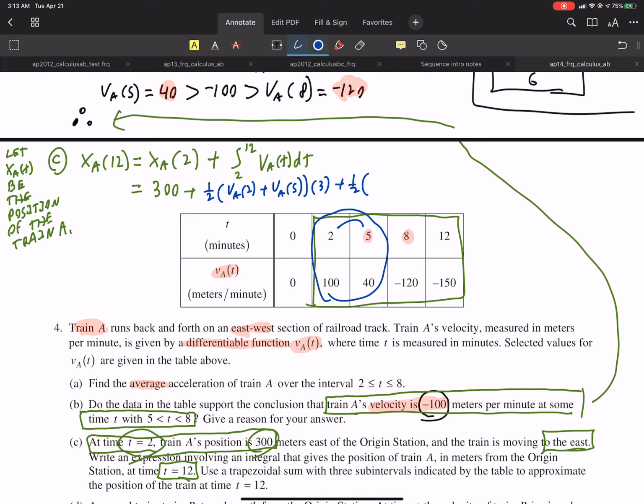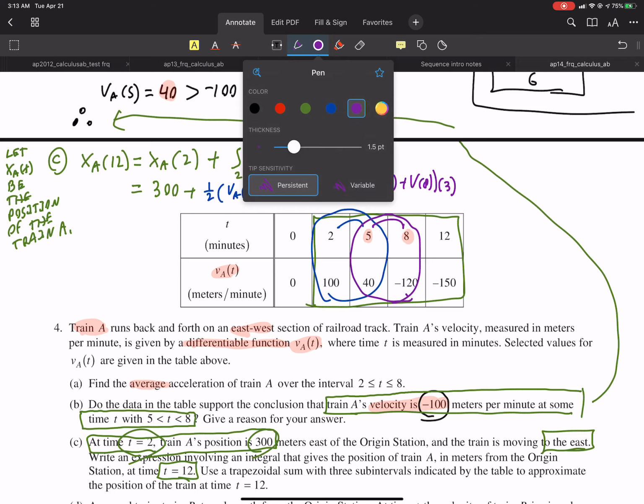1/2, and then the next pair I'm going to do in purple. It's going to be these two. So it's going to be the sum of the bases, which is V5 and V8. And this width here is 3 again. And then the last one I will do in green.